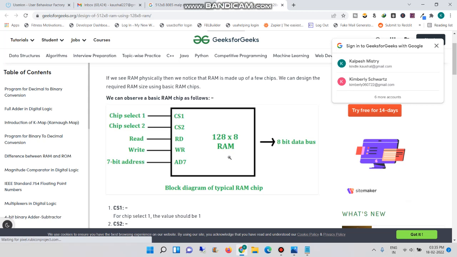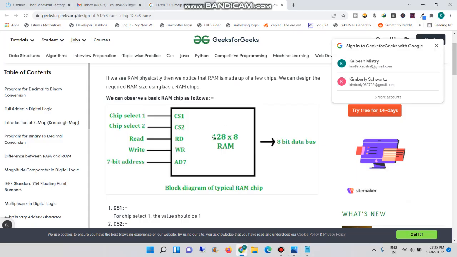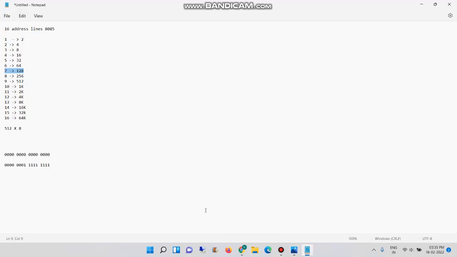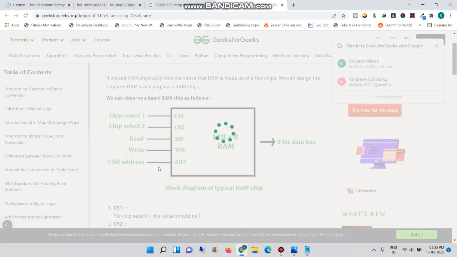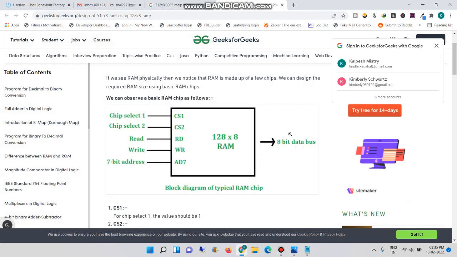If the question asks for 512, what will change in this diagram? It will be 512 into 8, and how many address lines? 9. So it will be a 9-bit address here. That is the diagram for 512 into 8.